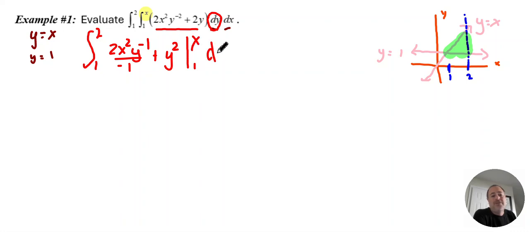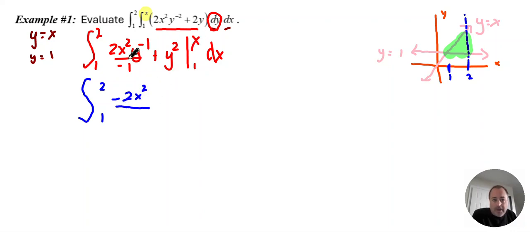So the only major difference here, friends, is that instead of the bounds being constants like we did in the previous videos in lesson 16, we're now going to plug in an x everywhere we see a y. Okay, so using the fundamental theorem of calculus, we're going to go ahead and plug in our x. One of the things I'm going to do here is pull the negative, and I'm going to do 2x squared, and then technically this will be over y, right?